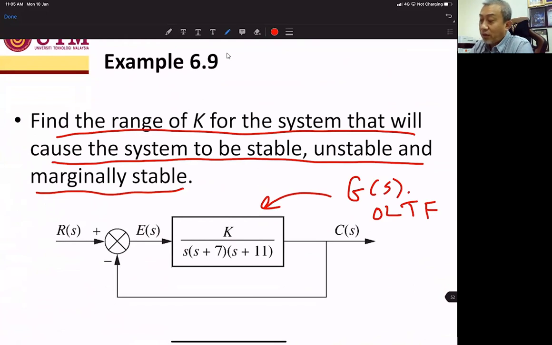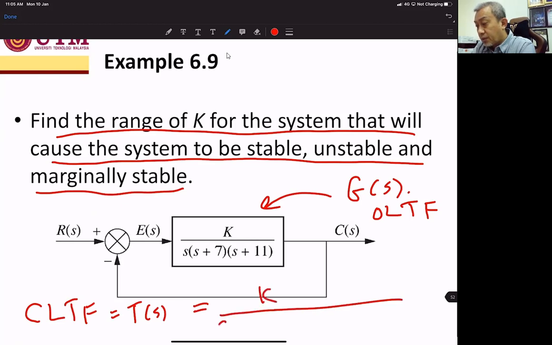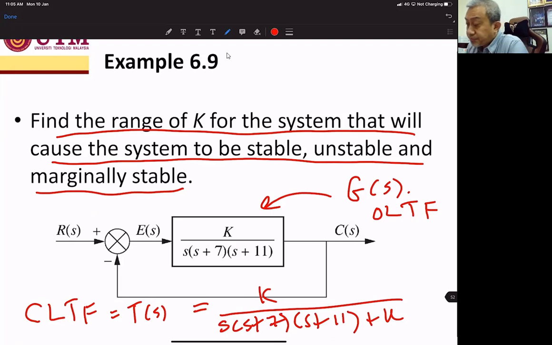In order to find the status of the closed loop system stability, we have to find the closed loop transfer function. Let's take T(s), and this will be K over (s+7)(s+11) plus K. This is known as the closed loop transfer function.